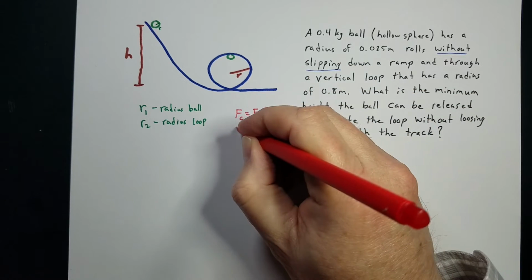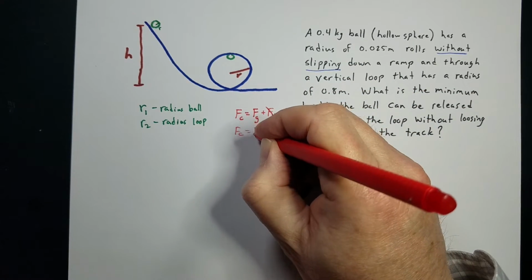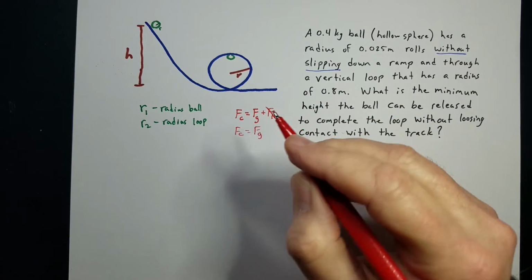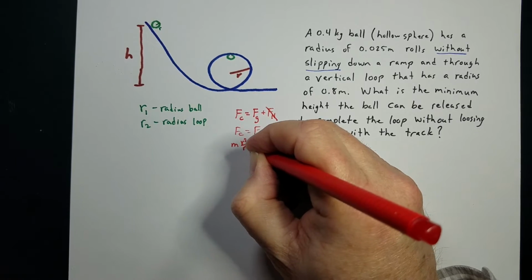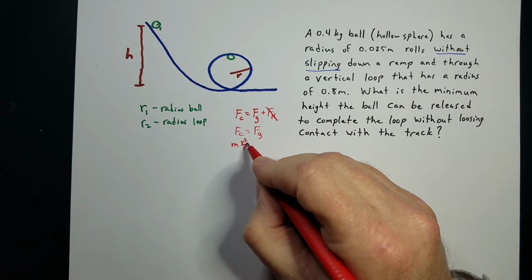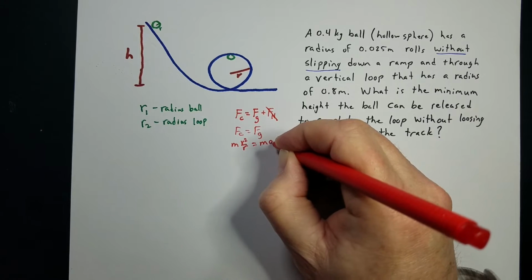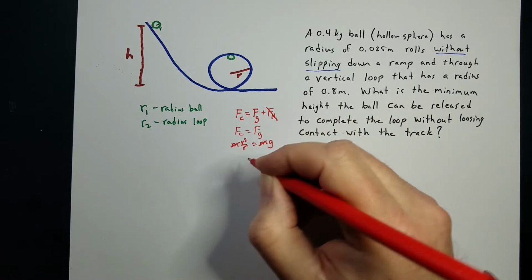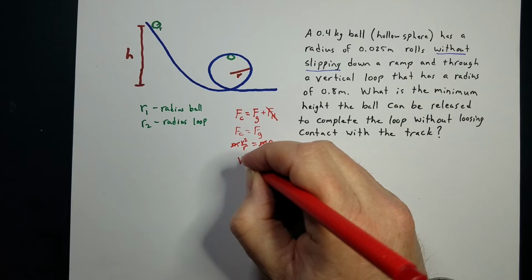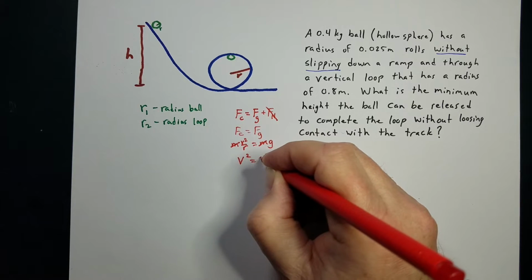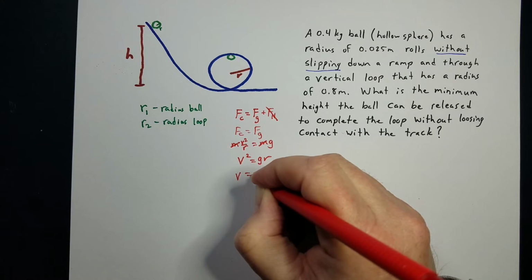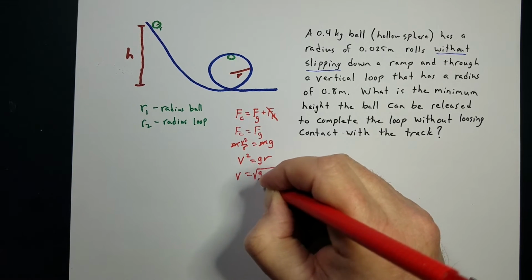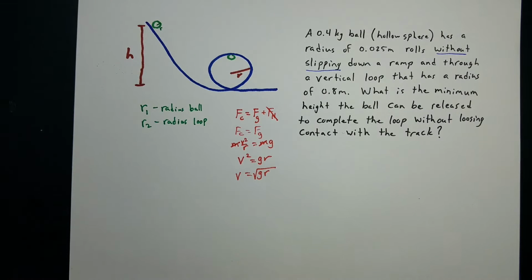So the centripetal force has to equal the force due to gravity at that point. If we do mv squared over r, which is mass times the centripetal acceleration, equals mg, the masses cancel out. So v squared equals gr, and v equals the square root of gr. That could be handy later on. We're going to hold on to that.